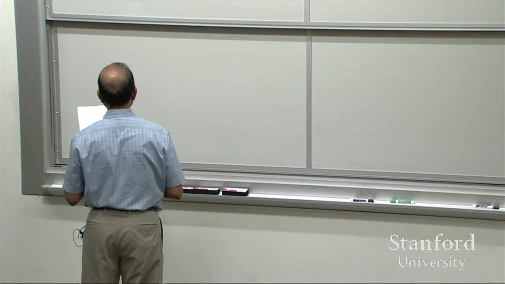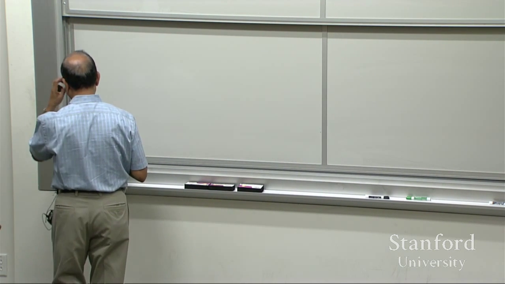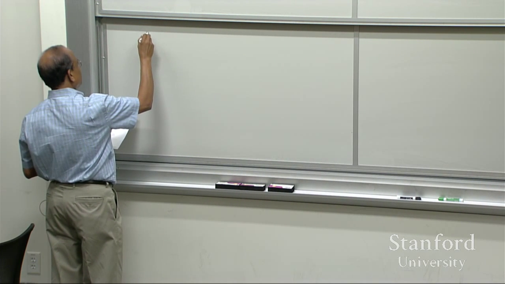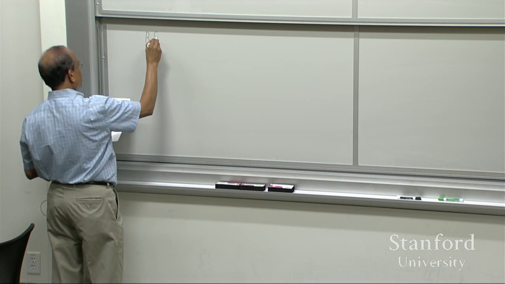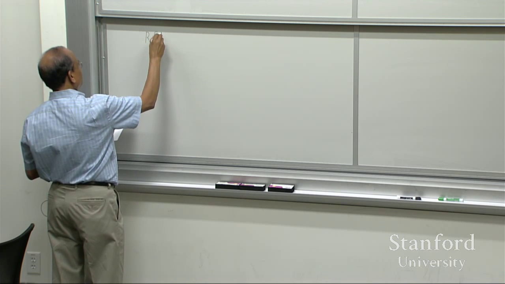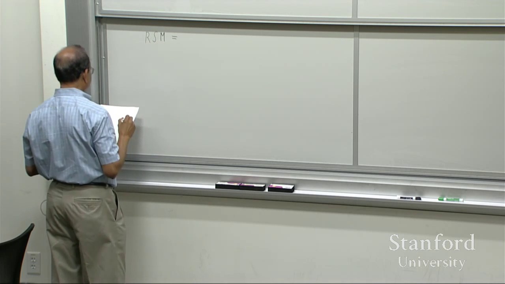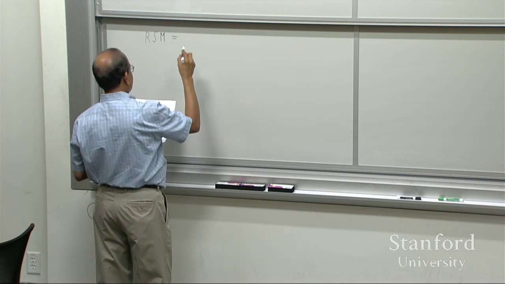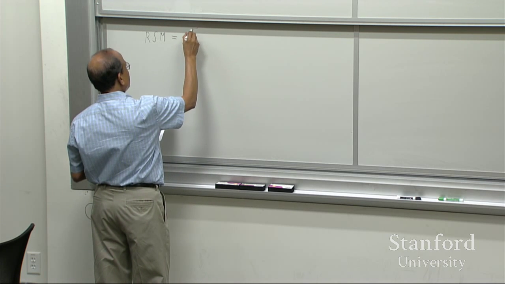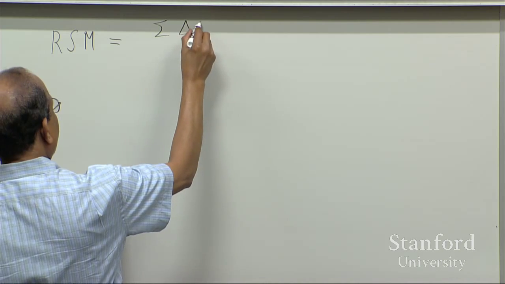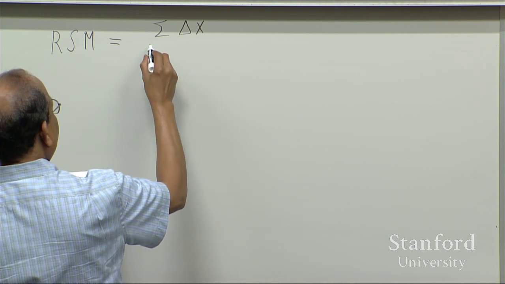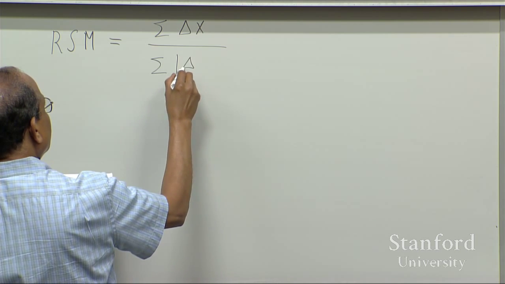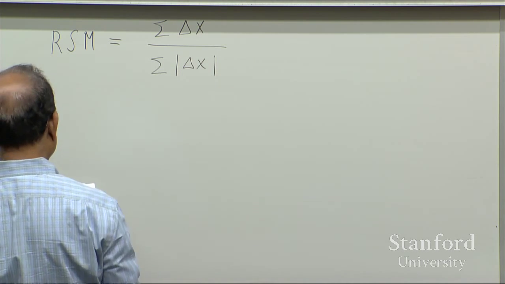So the basis of this is given by, I'm going to write here, this is another relative strength measure they use, RSM they call it. Essentially they look at the total change in price delta x divided by only the absolute change in price delta x. Okay.